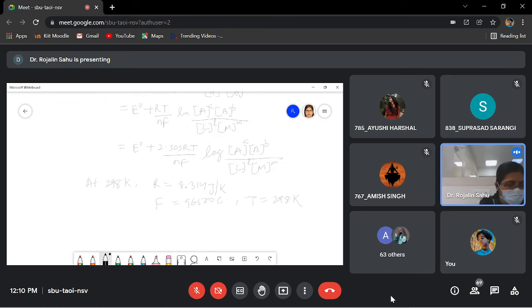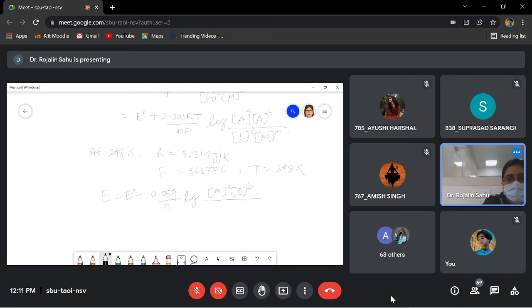So if we put all these values now, E is equal to E0 minus 0.059 by n log Q. Okay, so this is the Nernst equation, the derivation of the Nernst equation.